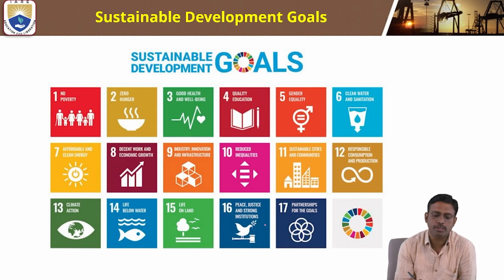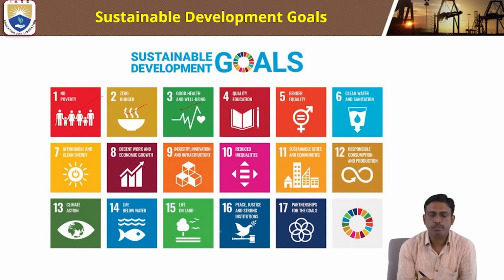Sustainable development goals. There are 17 goals. First one, no poverty; zero hunger; good health and well-being; good quality education; gender equality; clean water and sanitation. The seventh goal is affordable and clean energy.